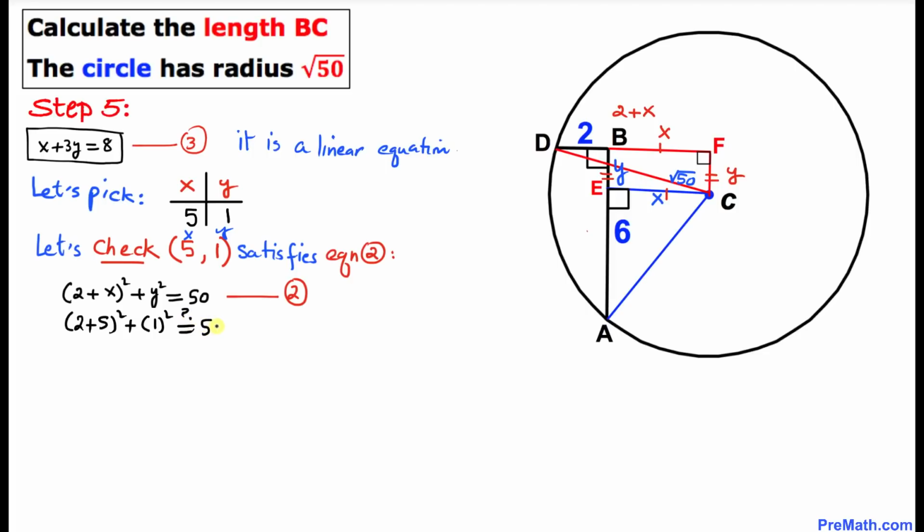Is the left hand side equal to the right hand side? So that's going to be 7 square plus 1 square, 49 plus 1 is going to be 50, and 50 indeed is equal to 50. So that means this statement is true. Yes, it is check as well.